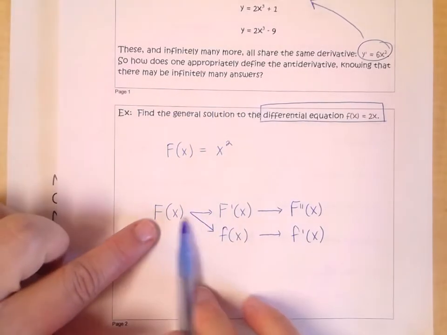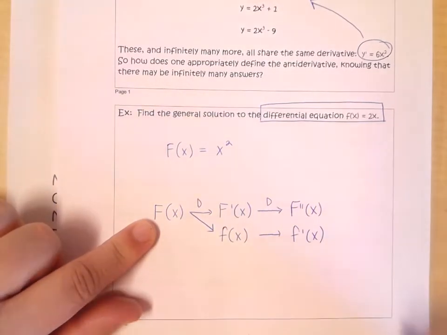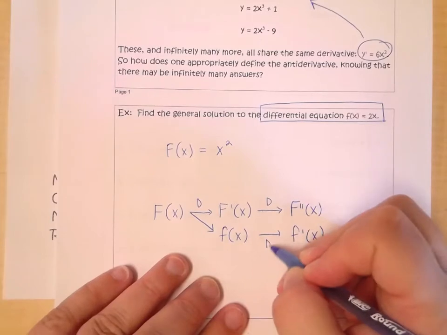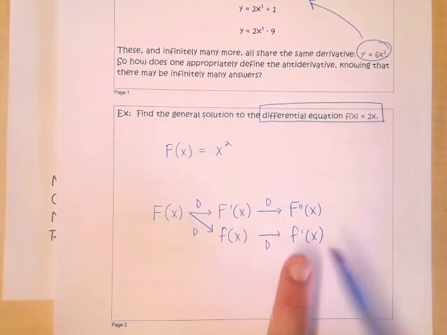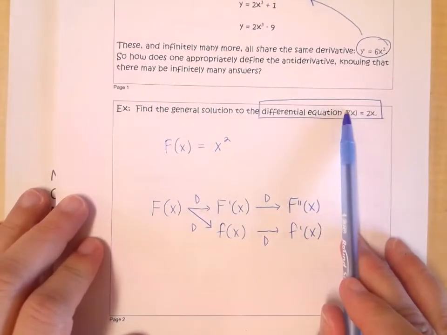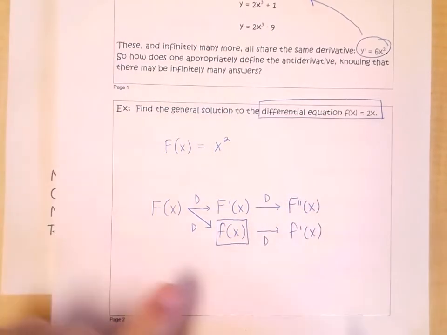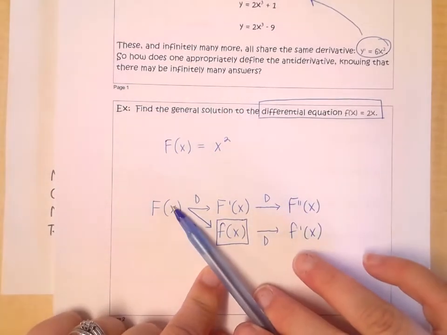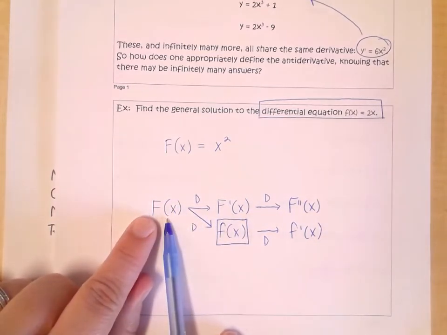So this is the derivative process. Derivatives move left to right. But if I wanted to take my integral, if I wanted to do an antiderivative, then I'd be given something and working backwards. Well, we were just given a derivative equation, and we were told that it was lowercase f of x. So if I'm going backwards through integration, I'd have to label it capital F of x. Okay?